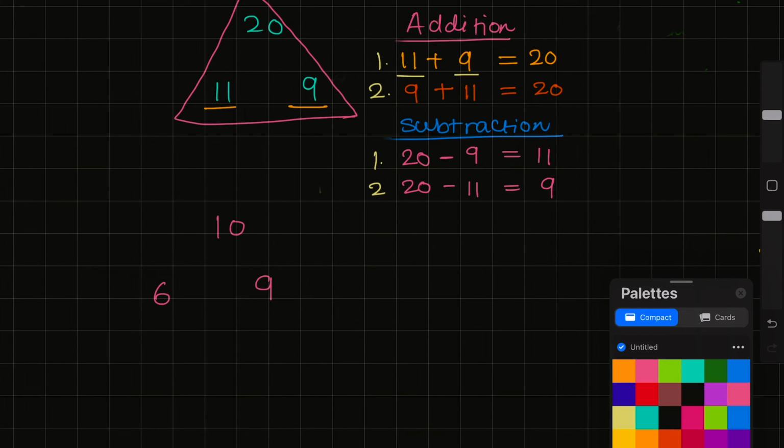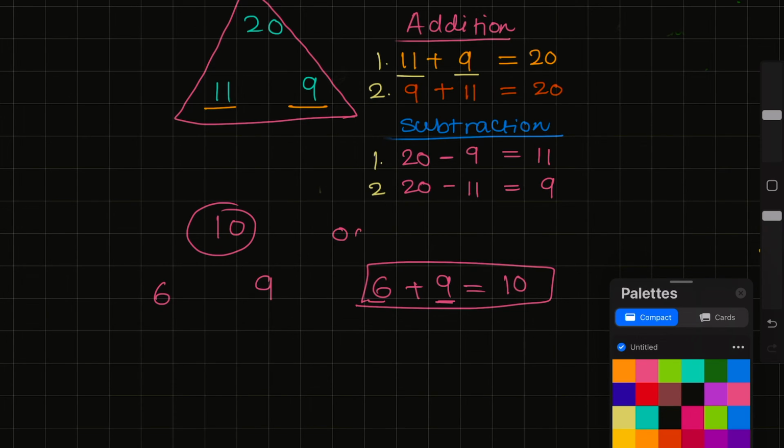Why? Because if we try to derive 2 facts from these, like 10 equal to 6 plus 9, this is not true. Let's see what 6 plus 9 is. We count after 9, 6 numbers: 10, 11, 12, 13, 14, and 15.